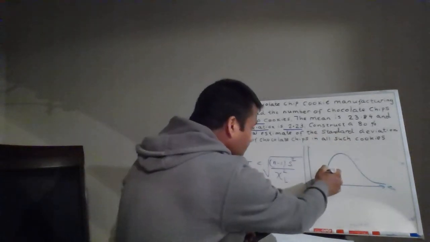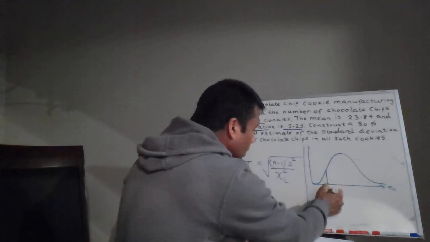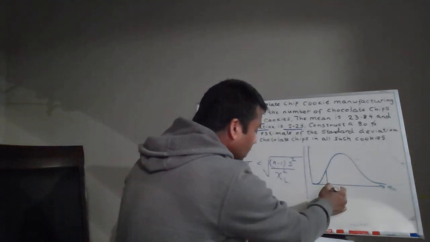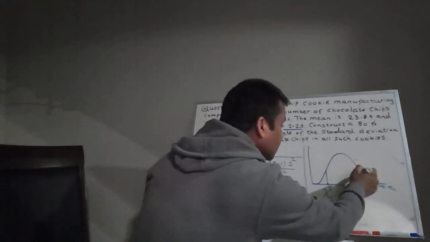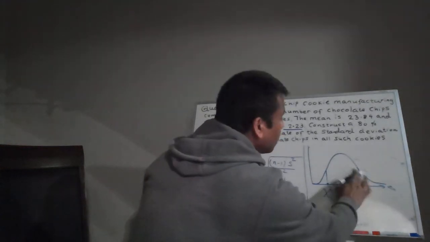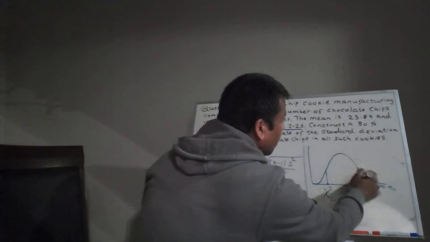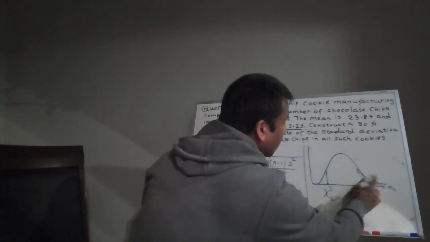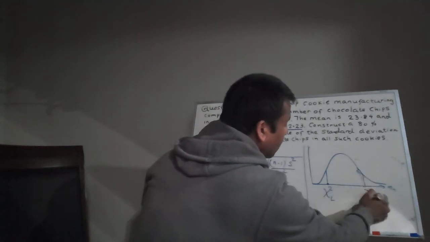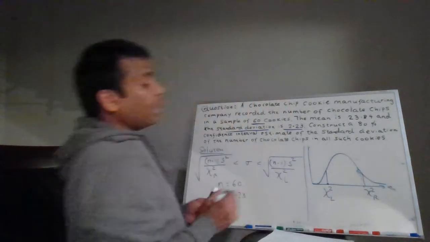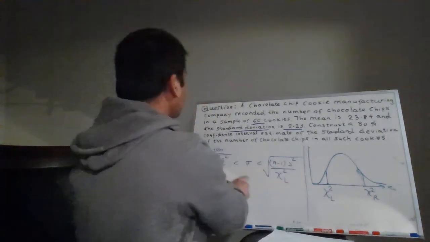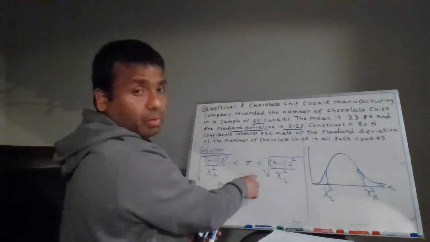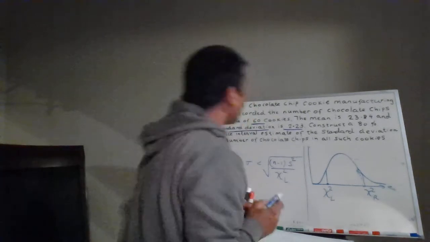This is your critical value chi-square L, and this is your critical value chi-square R. Okay, so we have to find these two values to construct the confidence interval. So how can you do that?